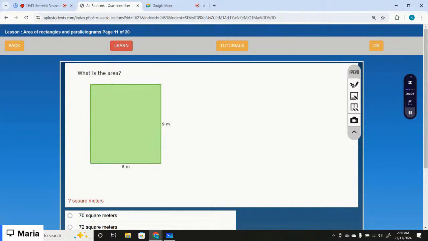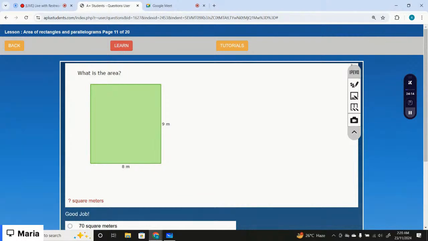That is 9 times 8 is 72. So the correct option is 72 square meters. Option number 2 is the correct option.